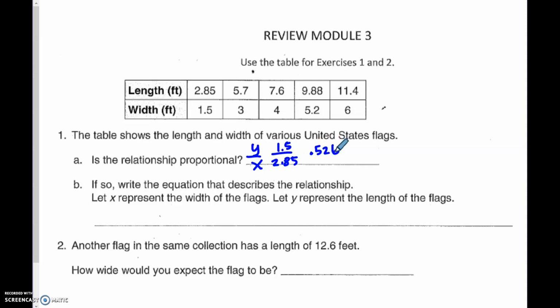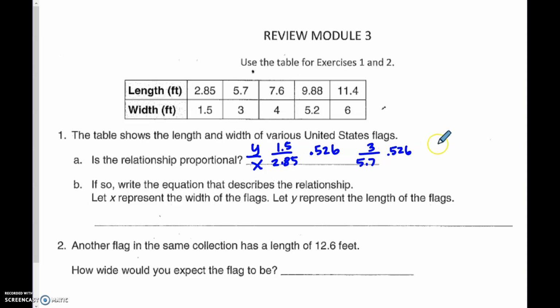Okay, now I'm going to try the next one and take 3 and divide by 5.7. So 3 divided by 5.7 comes out to 0.526. And actually, there are more decimal values, it goes on to 315789, which is the same as the first one. Okay, it's really long, but they're exactly the same. That fills up the whole calculator.